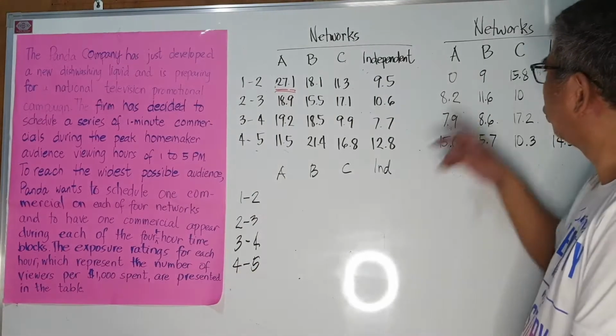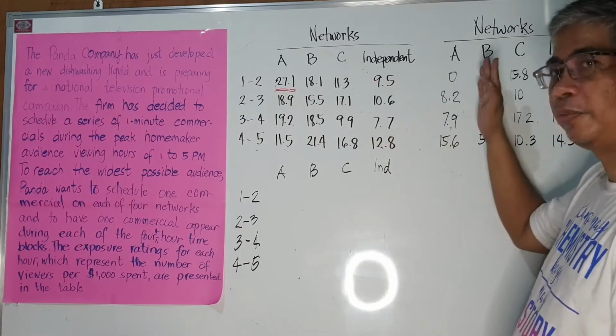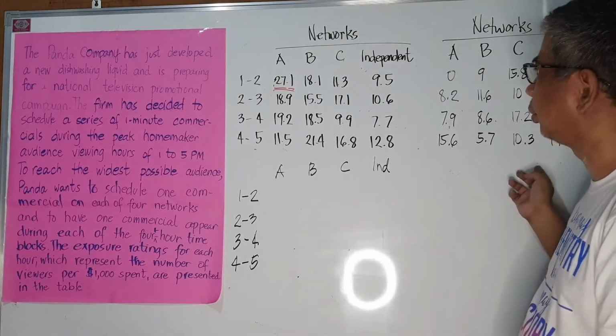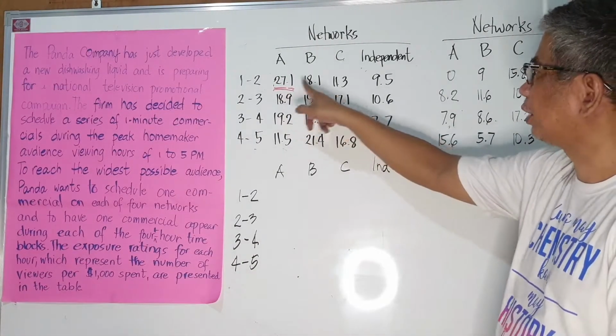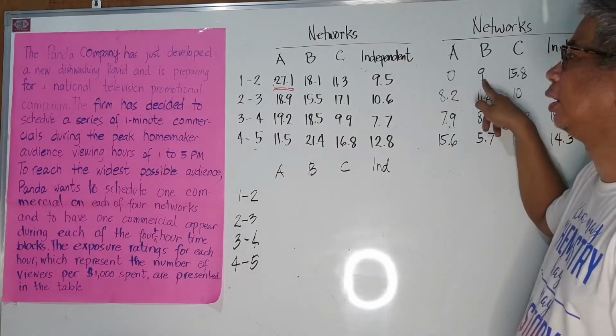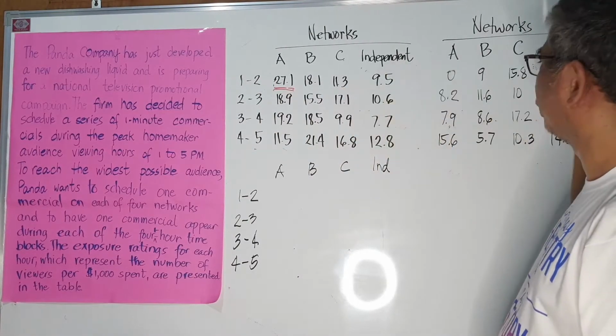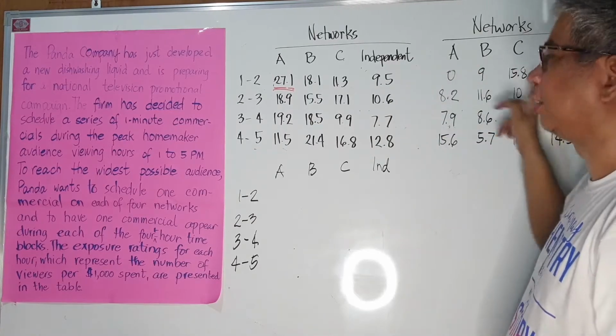Okay? So, we did the same for the other columns. So, this is the resulting opportunity cost table. So, 27.1 minus 18.1, you get 9. Okay? So, 27.1 minus 11.3, this is it. So, I just completed it. Okay?